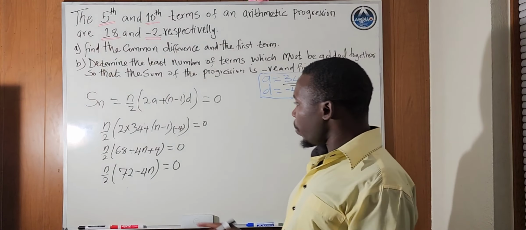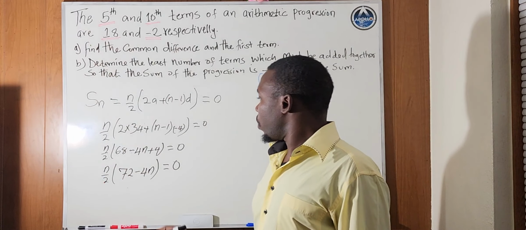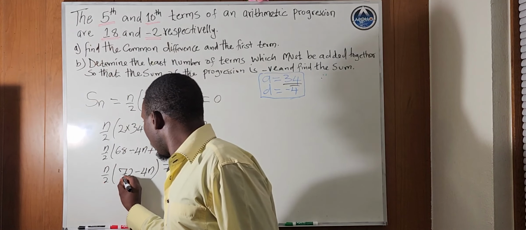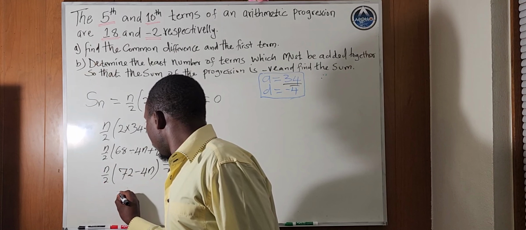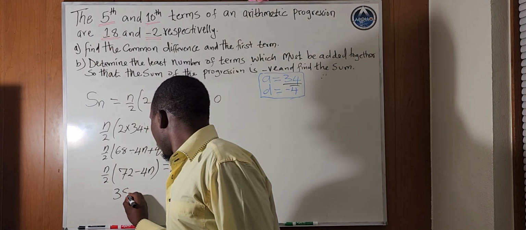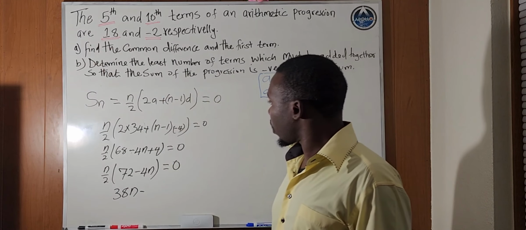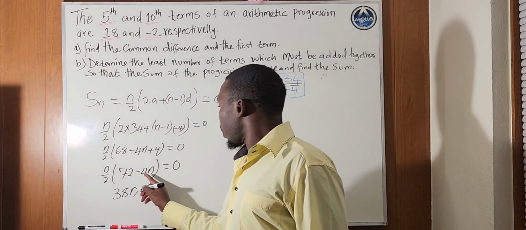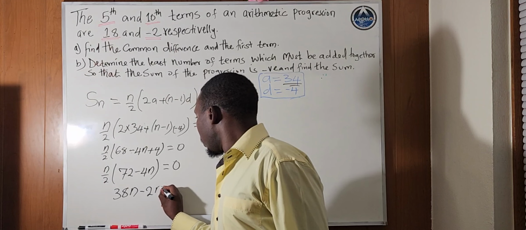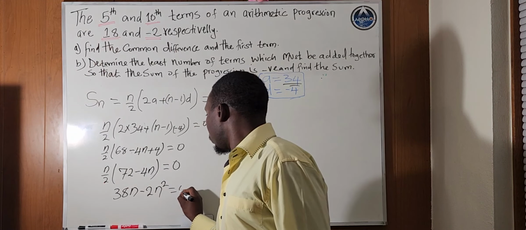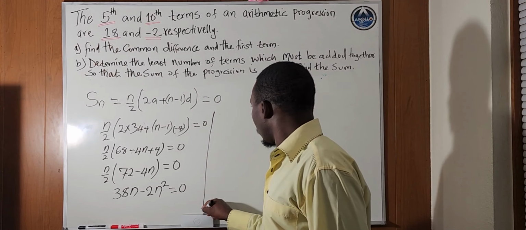So we can open the bracket here. We'll have something like 36n minus 2n squared equals 0.